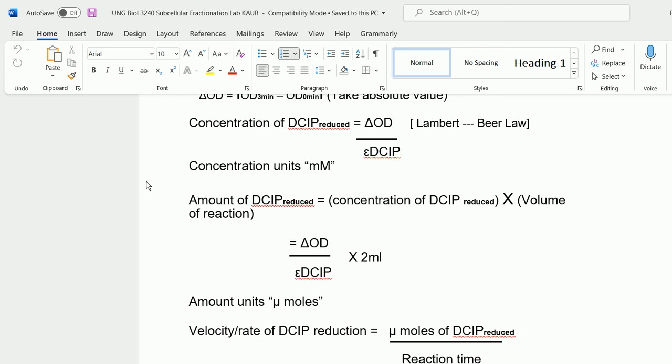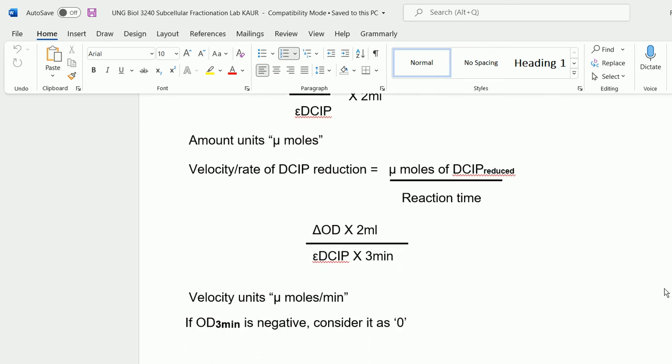After that, you calculate the amount of DCIP reduced, which is the concentration of DCIP reduced, calculated here, multiplied by the volume, which is 2 ml. You have to calculate this in micromoles. This is the amount of DCIP reduced. And then the rate of DCIP reduction is the amount of DCIP reduced divided by the reaction time, which is 3 minutes. So the velocity units will be micromoles per minute.